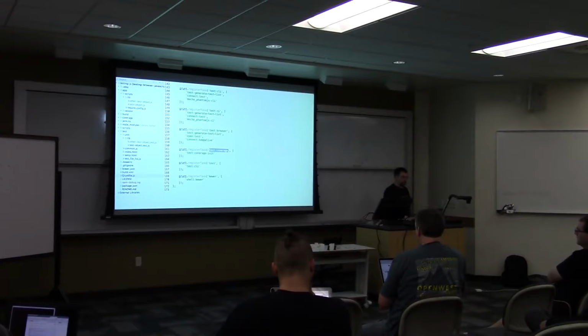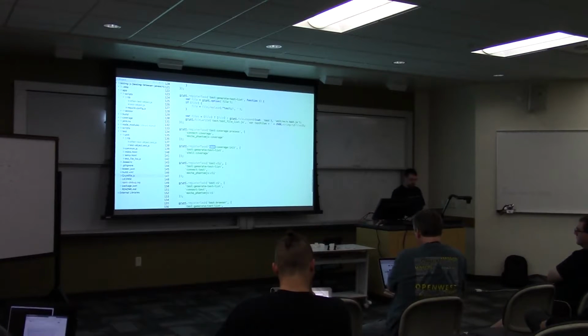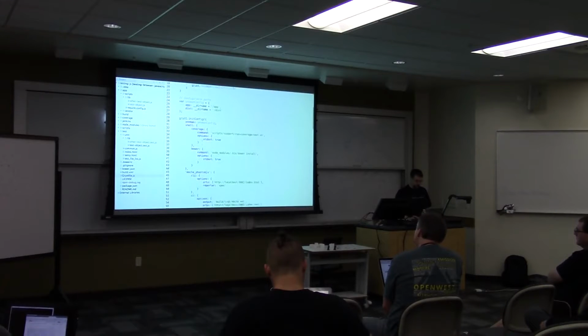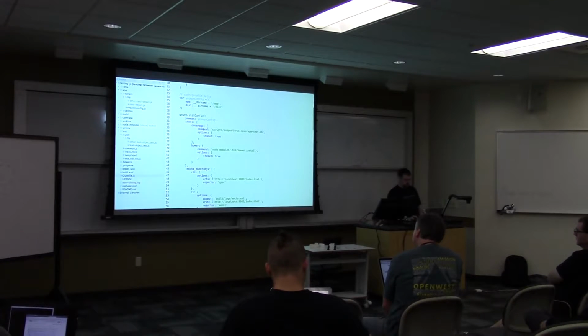Test coverage actually calls test coverage init. And if we look at init, it calls our generate test list so that we know the names of all the test files we want. And then it calls this shell coverage thing. Let's look back up at shell. Shell coverage runs this command, and it will show us the output of its command.